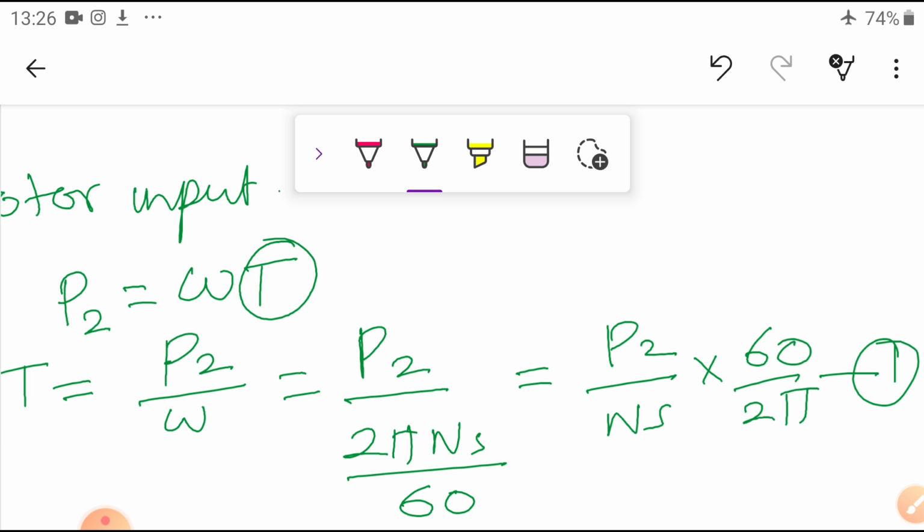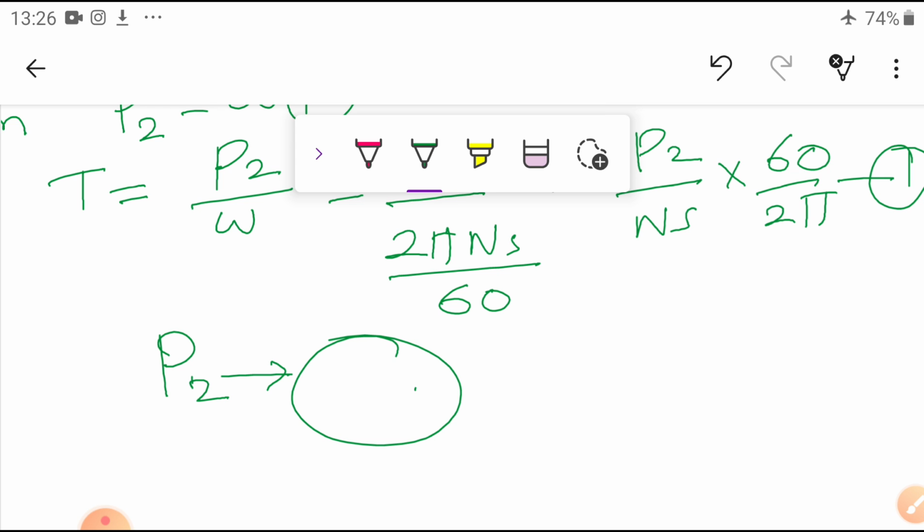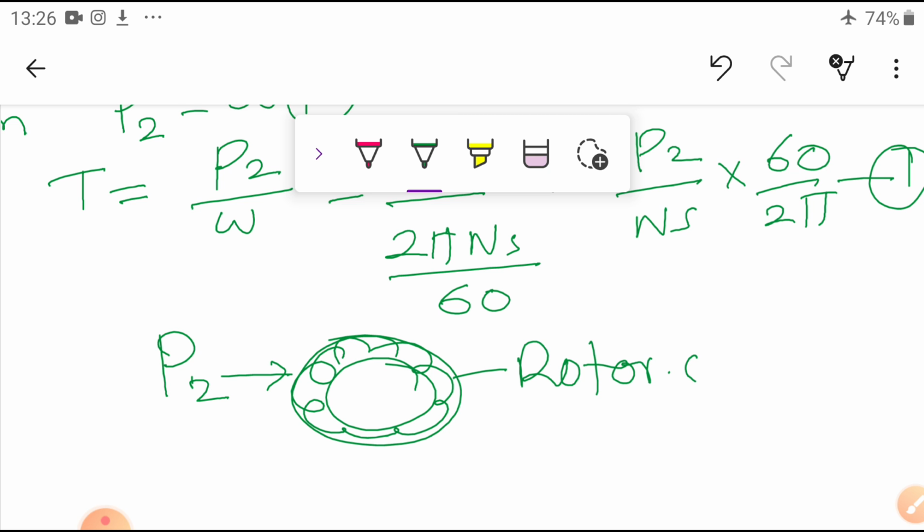Now you know that P2 is the power input to the rotor, and the rotor has rotor copper losses. From the rotor copper losses, we are going to get PM.